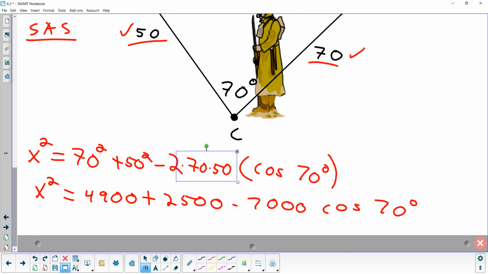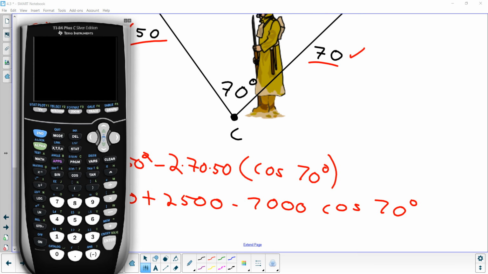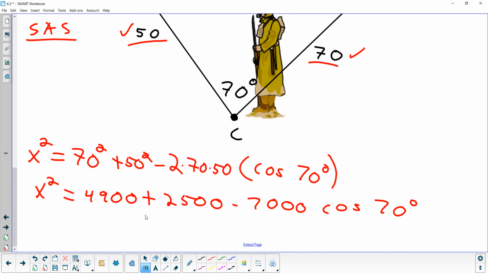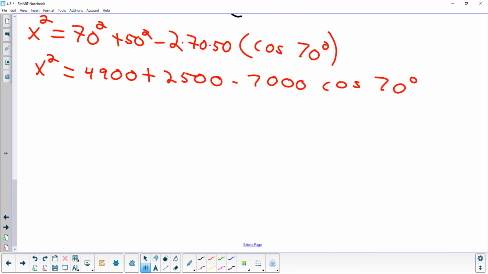And I think that that's all we can do without the calculator. We could add these up actually. What's 4,900 and 2,500? 7,400. So we could do that.